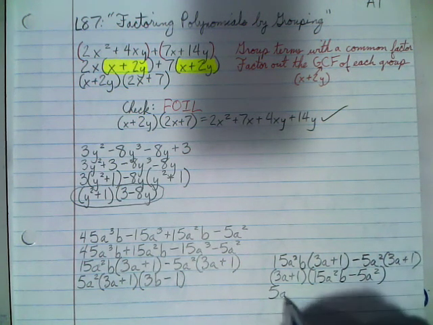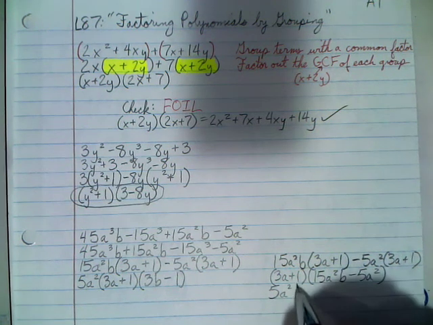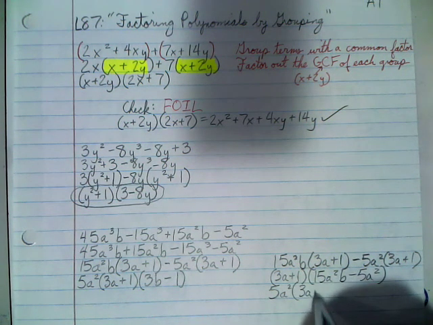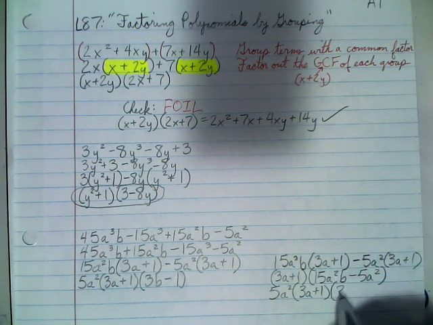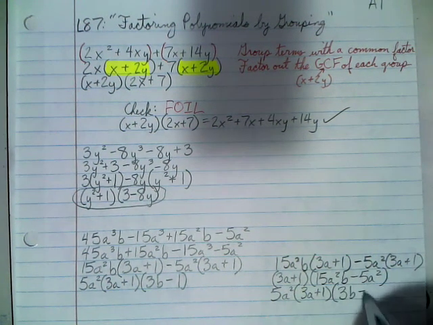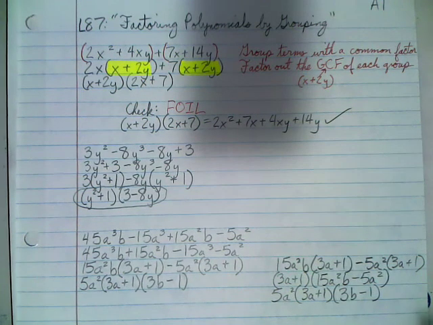An a squared can come out of both of those, and that's it. So now I've got my 3a plus 1. And then when I pull a 5a squared out of this, we have a 3b left over minus 1. So if you don't catch that, it just adds an extra step, as long as you remember to check your binomials. Can we factor these binomials any further?